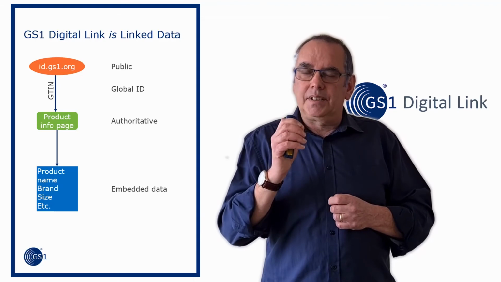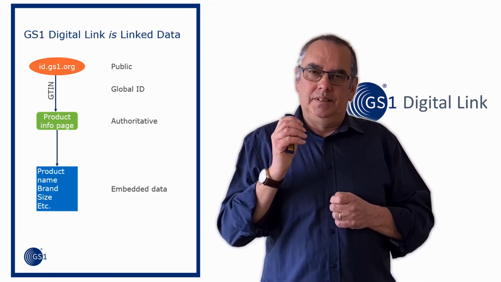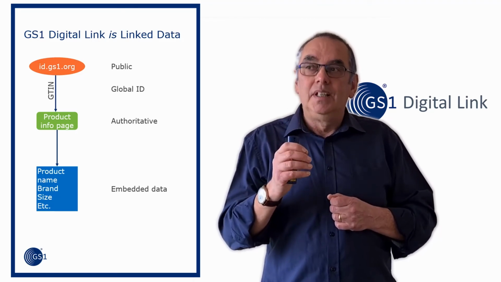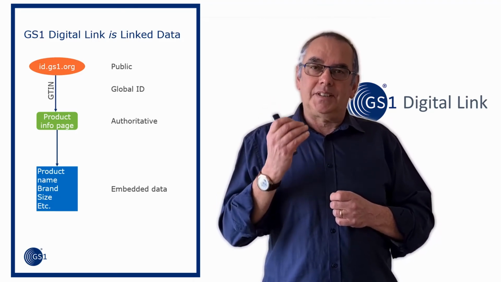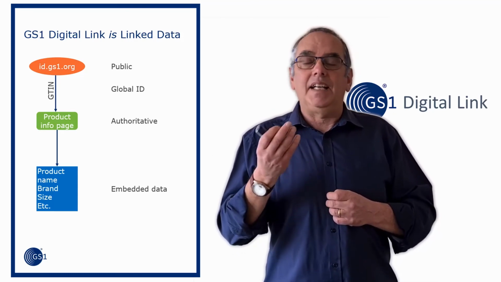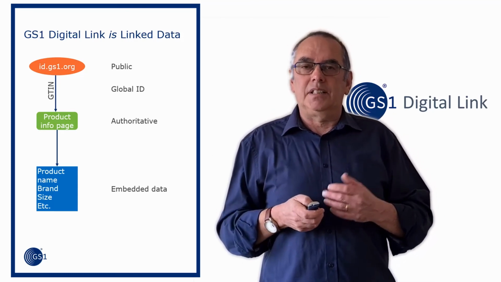That means that at web scale, GS1 identifiers are the starting point for detailed brand authorized information about products and shipments and places and assets and returnable assets and all the rest of it.